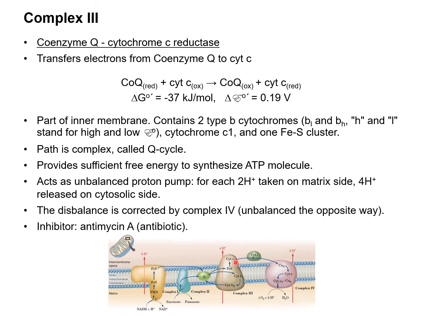So there is going to be a difference of 2 protons here, but this balance is corrected by complex 4, which comes next on this electron transfer chain, which is also an unbalanced proton pump, but in the opposite way. So at the end, there's going to be a total balance of the number of protons pumped. There's an inhibitor that works specifically on complex 3. An example is antimycin A, which is an antibiotic.